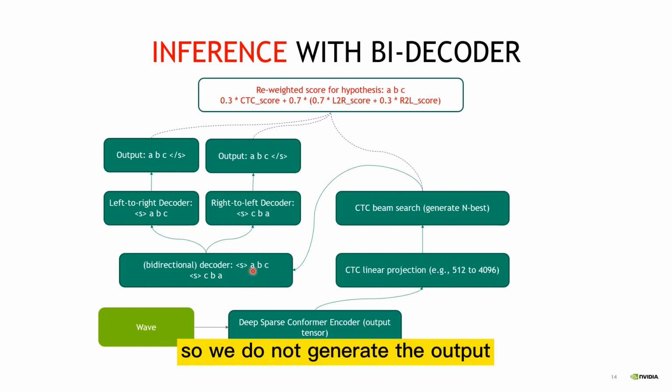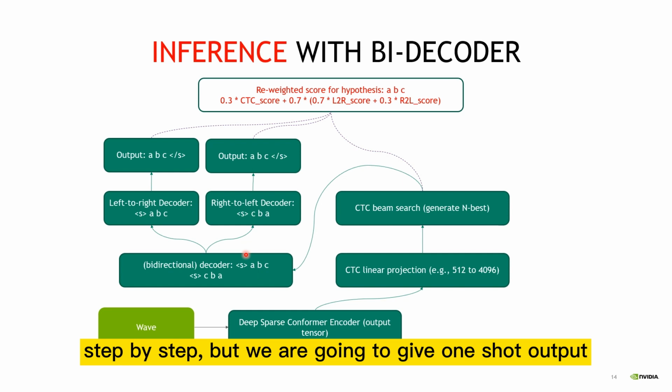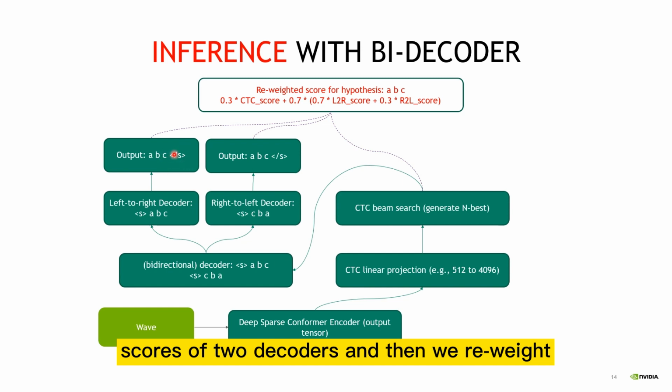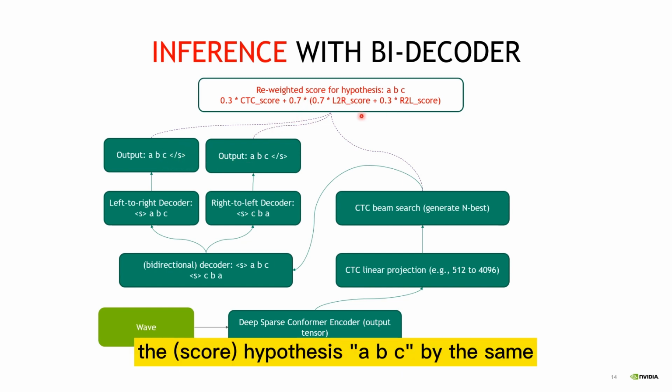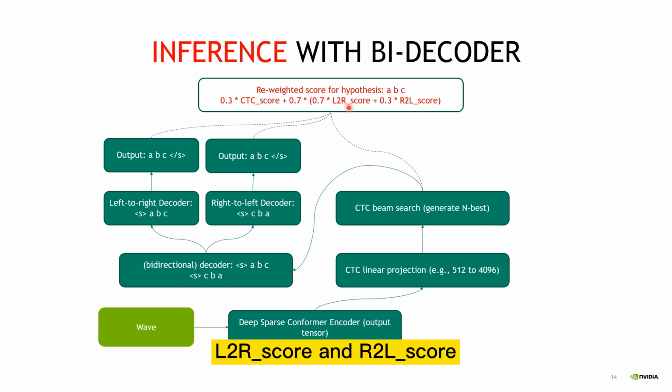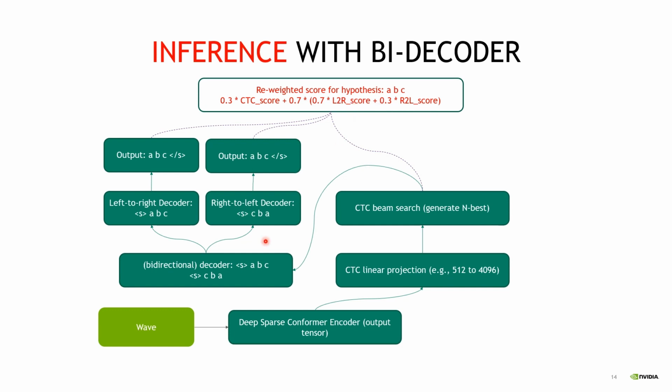So we do not generate the output step by step, but we only give one-shot output. So we have the scores of the two decoders, and then we reweight the score of hypothesis ABC by the same hyperparameter: CTC score, left-right score, and right-left score.